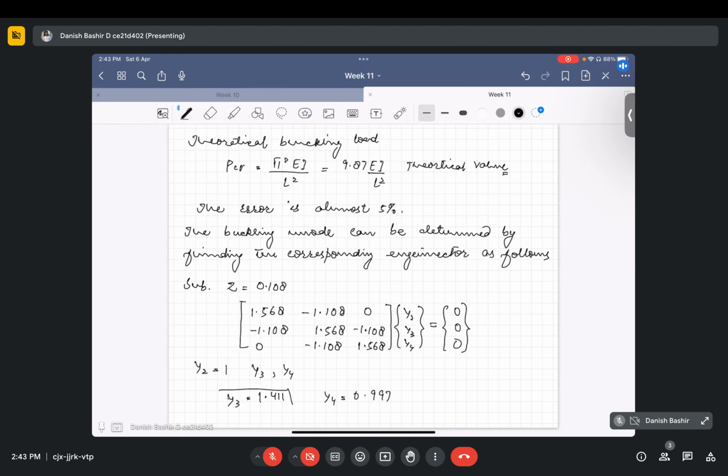So we got our values, and these values are very important because they correspond to the first buckling mode.